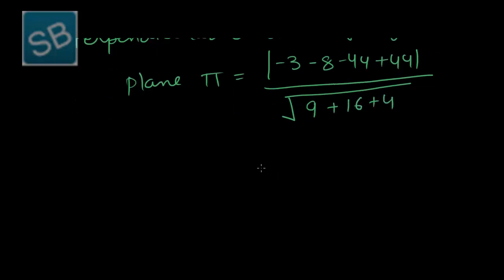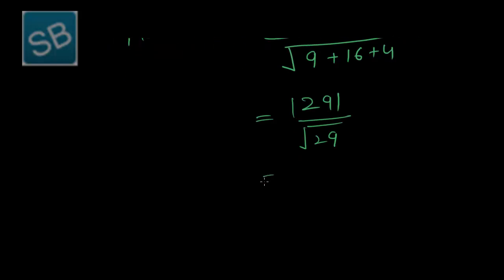So it gives modulus 29 over under root 29. So from here we get under root 29. So that is the required perpendicular distance from the point (-1, 2, -2) to the plane 3x minus 4y plus 2z plus 44 is equal to 0.